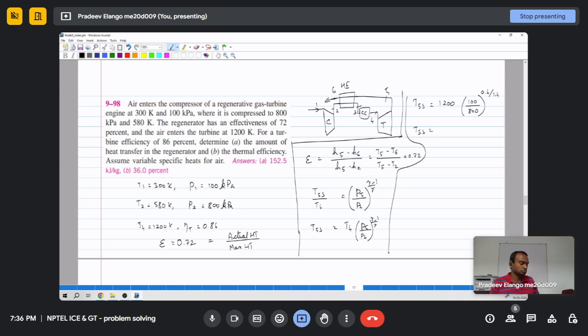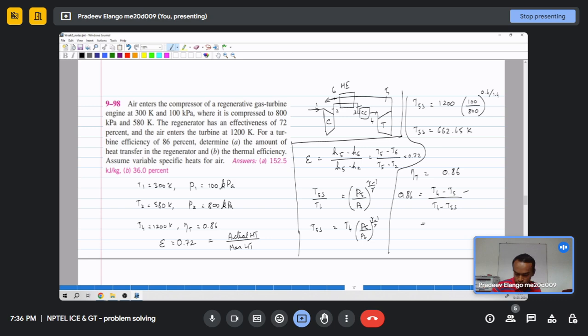So 662.45 Kelvin. Now this is the isentropic temperature. Now the actual can be found out. For this we have turbine efficiency of 0.86, which is given as T4 minus T5 over T4 minus T5s. In an ideal case we will have T4 minus T5s, but in actual we have only T4 minus T5. So we can substitute the values.